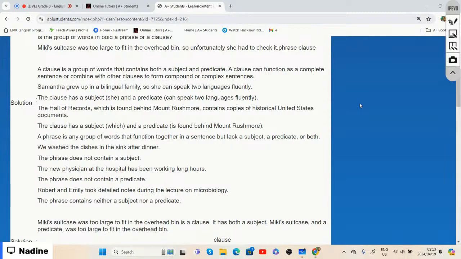In this case, we say that the phrase does not contain a predicate. And then, Robert and Emily took detailed notes during the lecture on microbiology. And this phrase contains neither a subject nor a predicate.